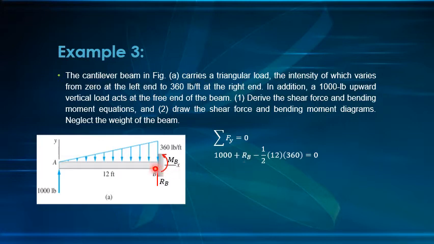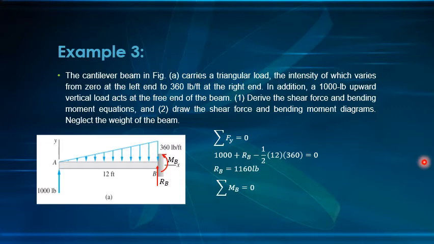Ang pagkuha natin ng resultant nito class, hindi ba yung kapag ganito is 1/2 base times height lang siya. So we have 1/2 multiplied by 12 multiplied by your intensity, which is your 360 pounds per foot. So that will give us RB equal to 1,160.